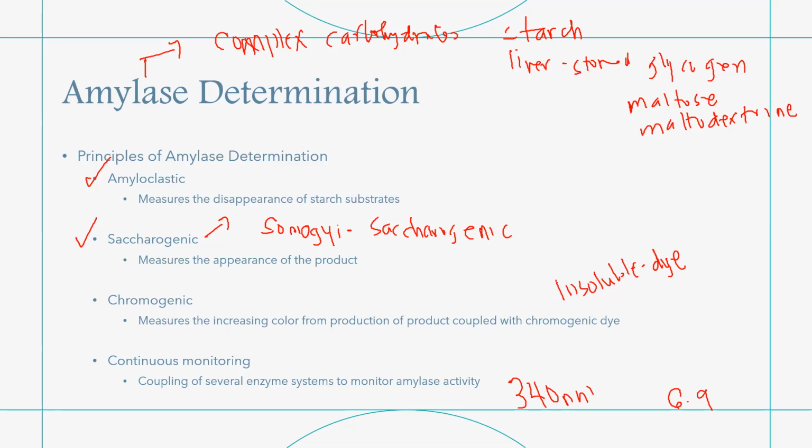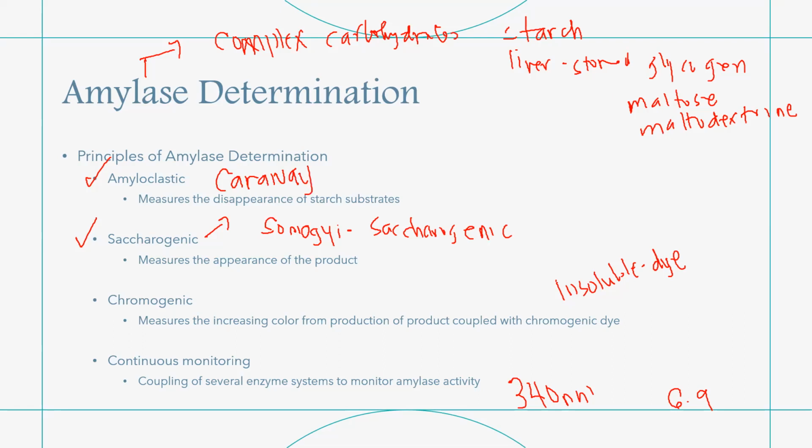Remember that the Somogyi saccharogenic method is based on the measurement of time that is required for the amylase to hydrolyze starch polysaccharides, and of course, to glucose. Therefore, the rate of the conversion is directly proportional to the amount of amylase in the serum, urine, and even in the spinal fluid.